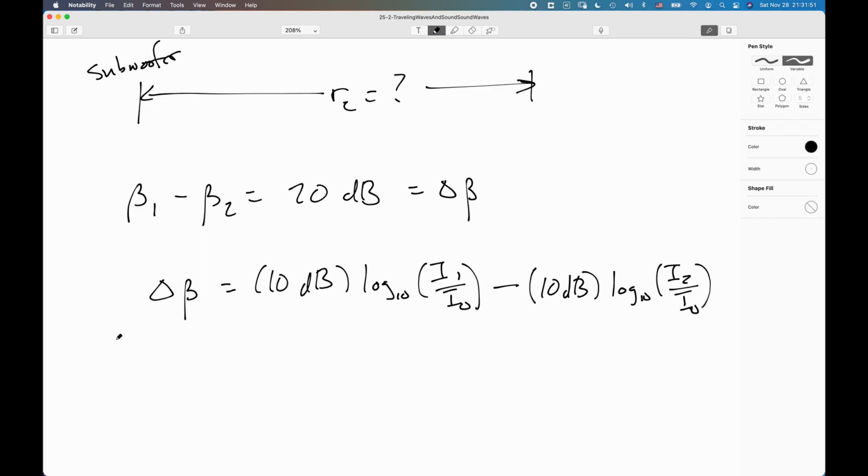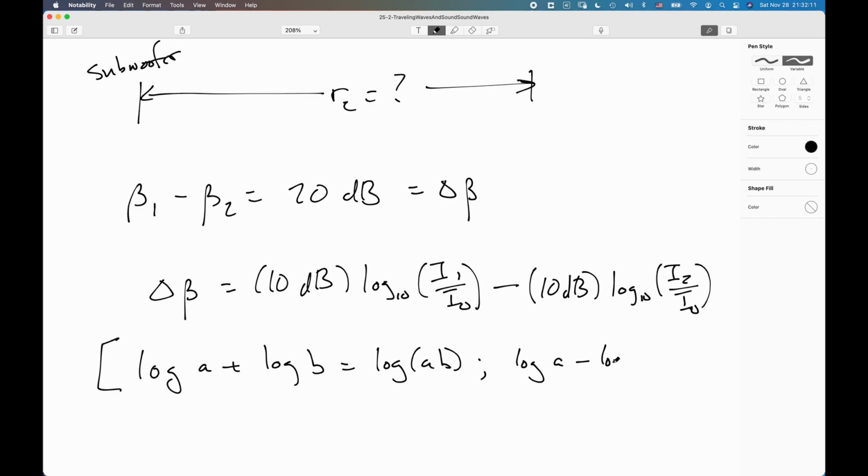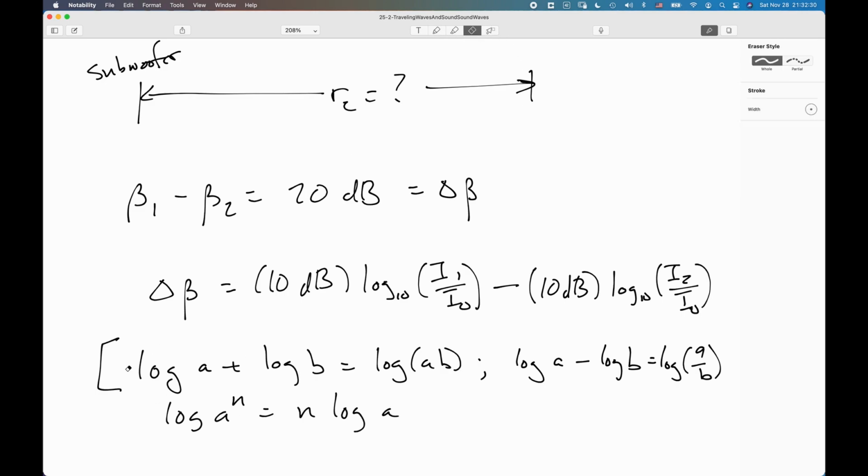So just another quick reminder of some identities involving logs. The log of A plus the log of B is equal to the log of A times B, and similarly the log of A minus the log of B is equal to the log of A over B. And while we're at it, just one more for the grins: the log of A to the n is equal to n log A. I'll just throw that in for some bonus content.